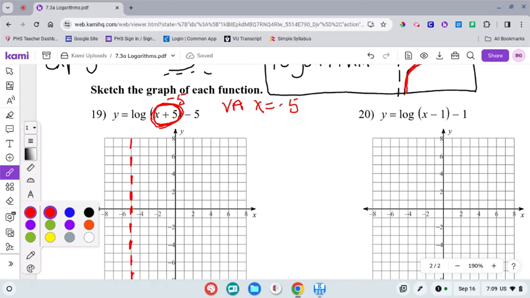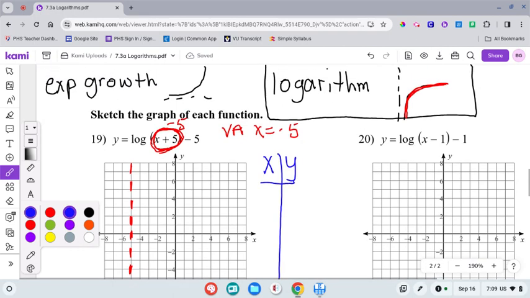Well, the easiest thing I can tell you to do is make a table, and we're going to use a calculator. One thing to notice is there isn't anything over here. So I will only stay to the right of my vertical asymptote.